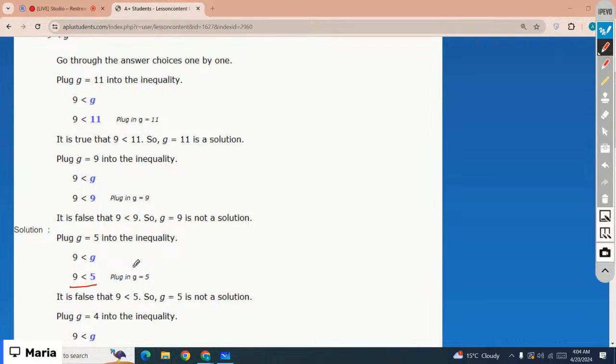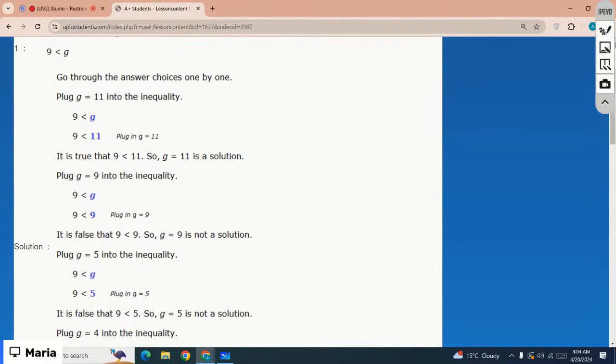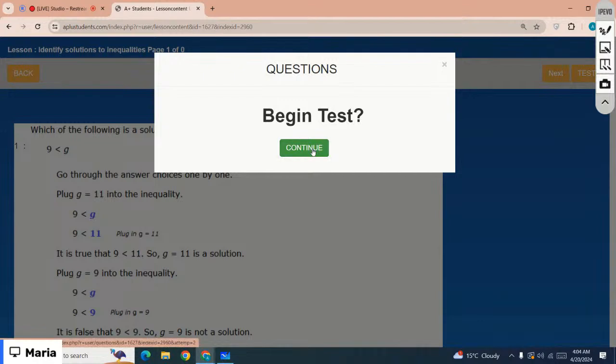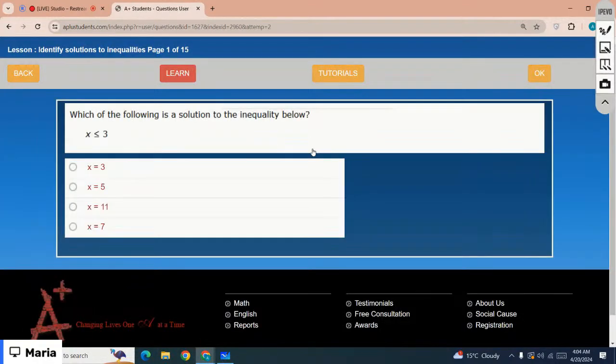False it is, right? Let's just start with the test questions. Which of the following is a solution to the inequality below?